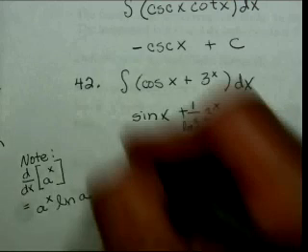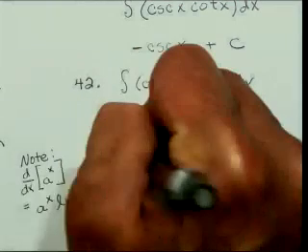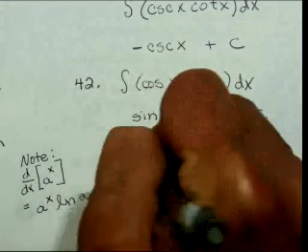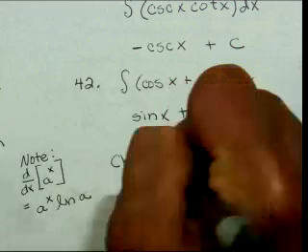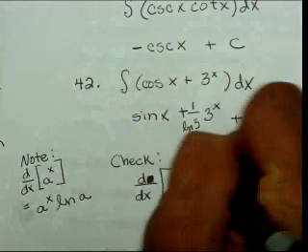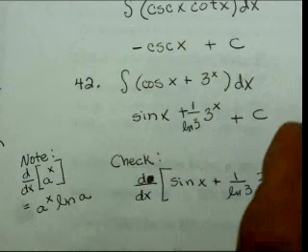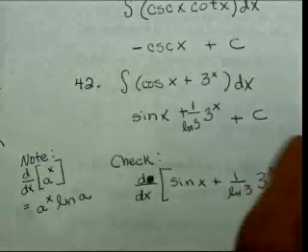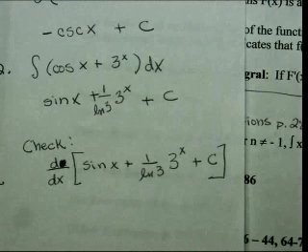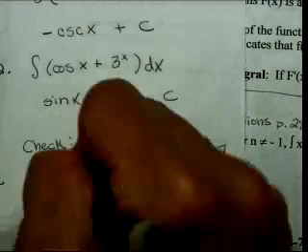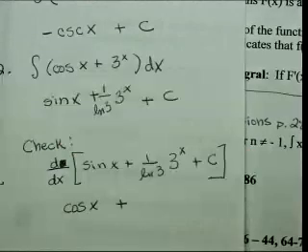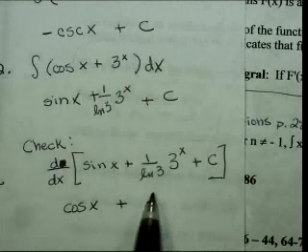But if you have any doubt in your mind about whether that answer is right, then take the derivative of your answer and see if it gives you back the original integrand. Yes, the derivative of sine is cosine. 1 over natural log of 3 is just a constant.